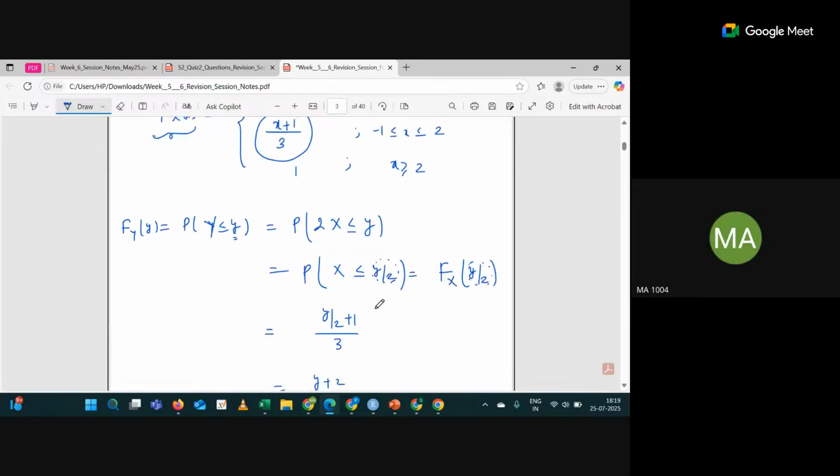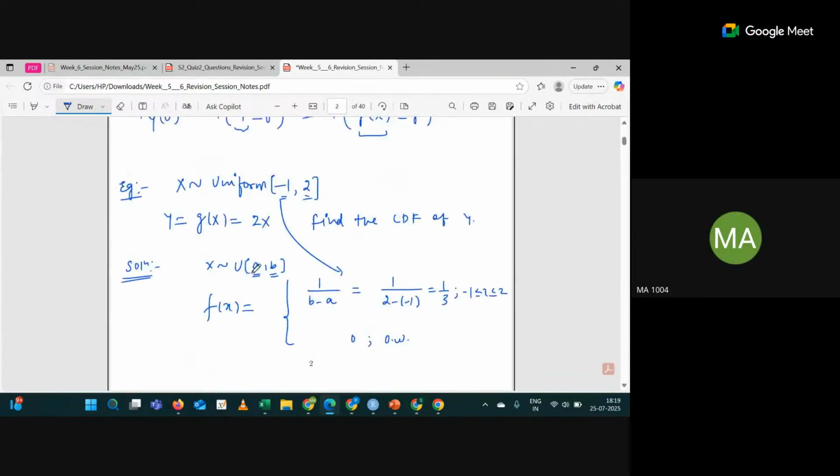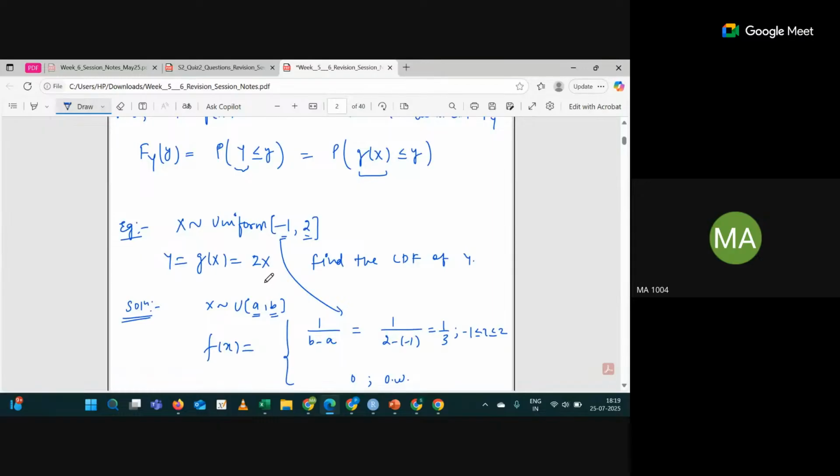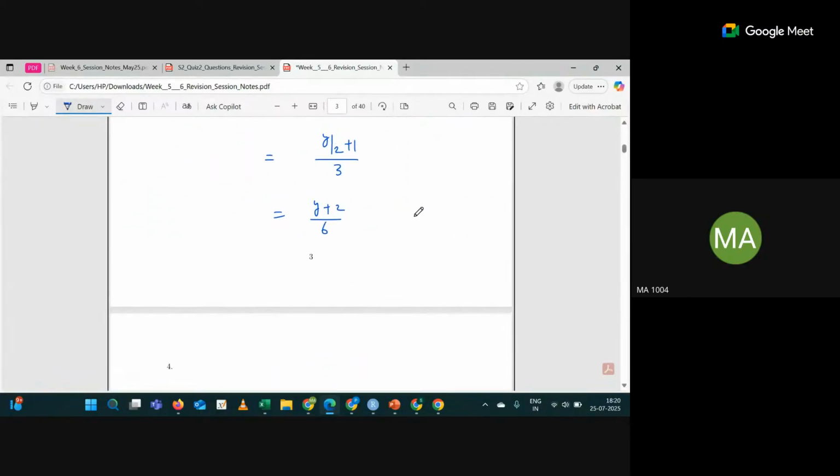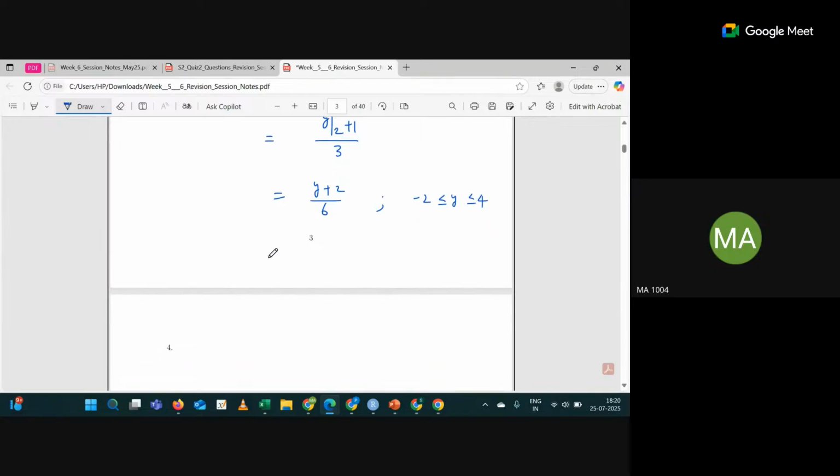And what will be the support of Y? If X is from -1 to 2, what will be the support of Y? Minus 2 to 4, right? Minus 2 to 4 will be the support of Y. So now, can I write (y - (-2))/(4 - (-2))?